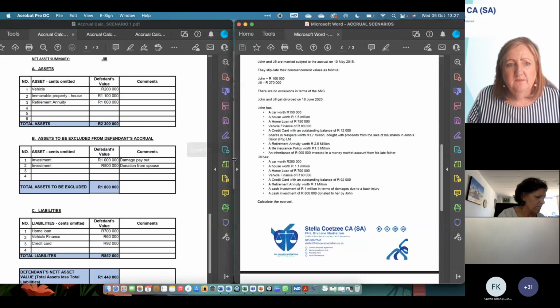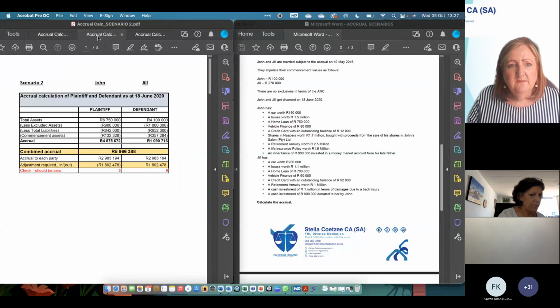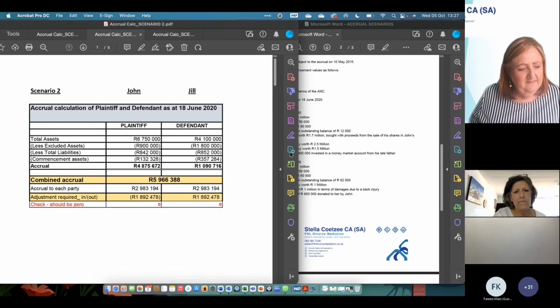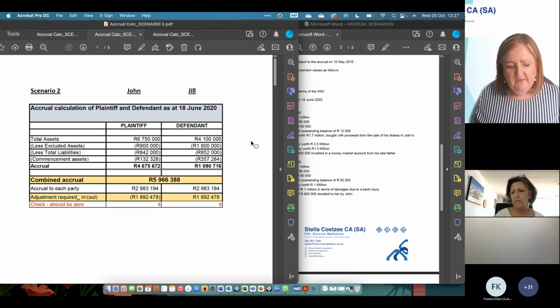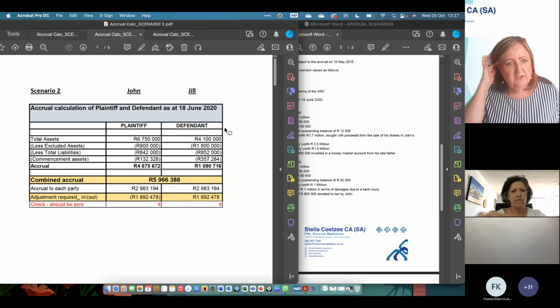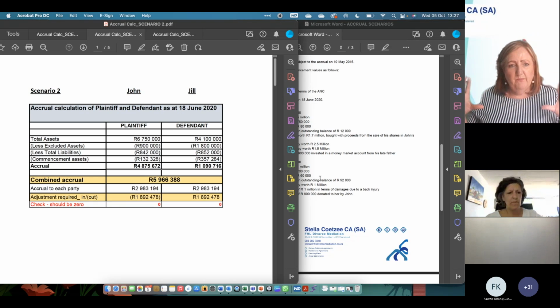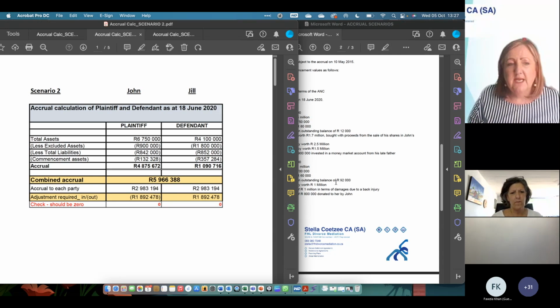So what Stella has done is she's color-coded them. Scenario 2 is our yellow scenario. So Stella, if you would like to take us through it, please. Thank you, Mervyn. Okay, so let's just start again with the overall picture here. The principle of the calculation of the accrual is exactly the same as the previous scenario.